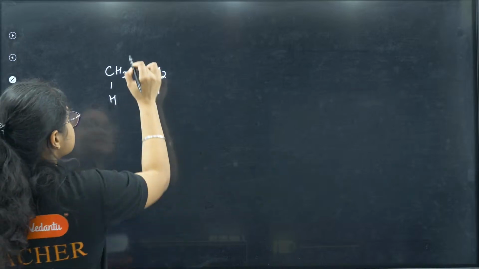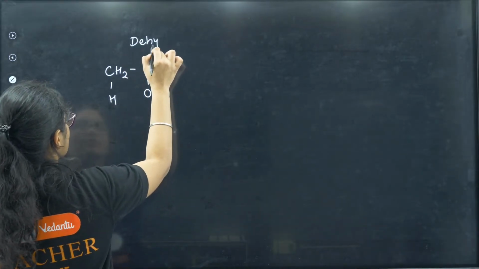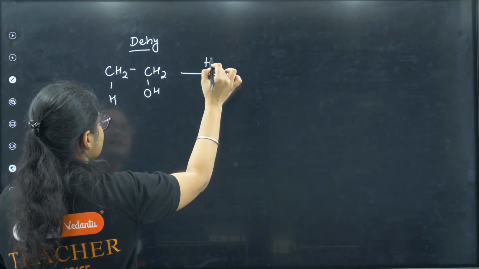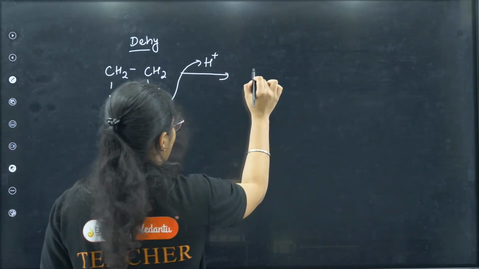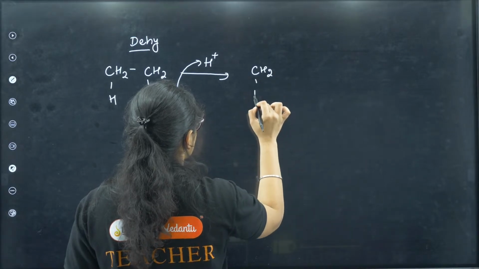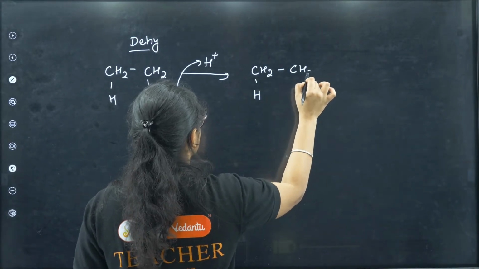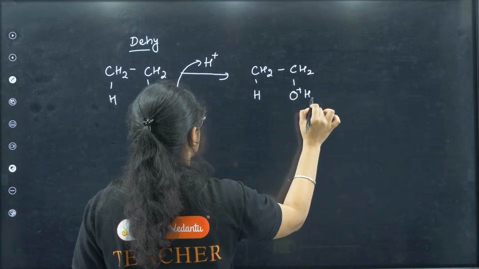I am explaining the mechanism of dehydration. First, in acidic medium, the oxygen takes this H plus, gets protonated, and we get CH3CH2O plus H2.